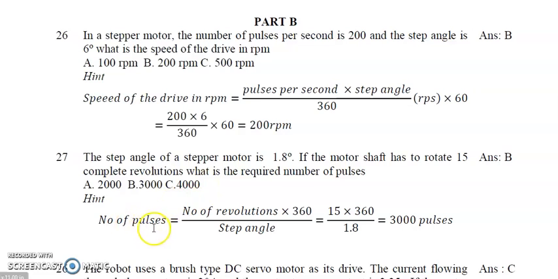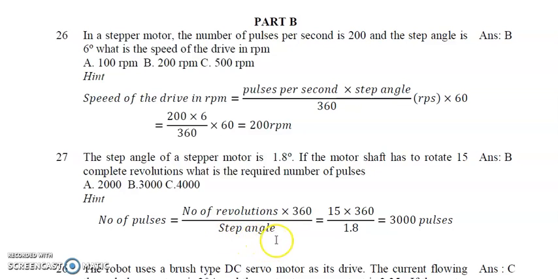So what is the total angle required? That is the number of revolutions times 360, since each revolution moves 360 degrees. That gives the total angle the stepper motor has to move, divided by the step angle, since each pulse moves one step angle.